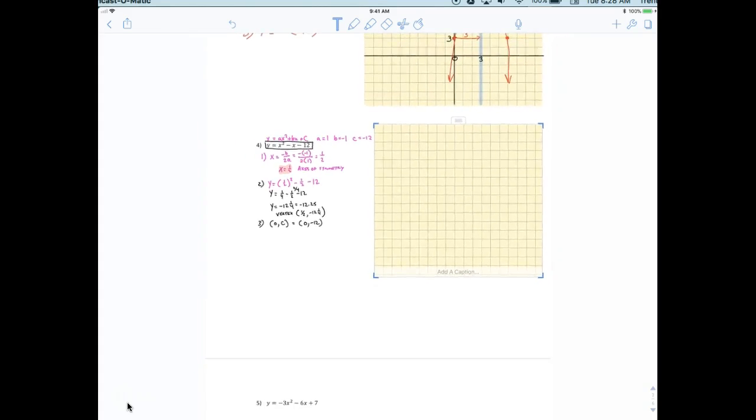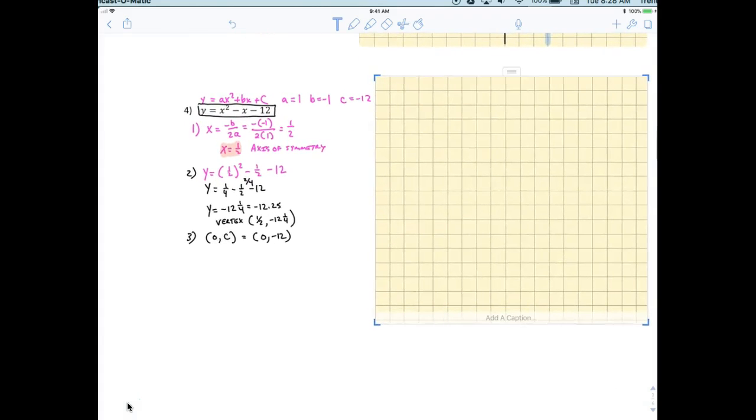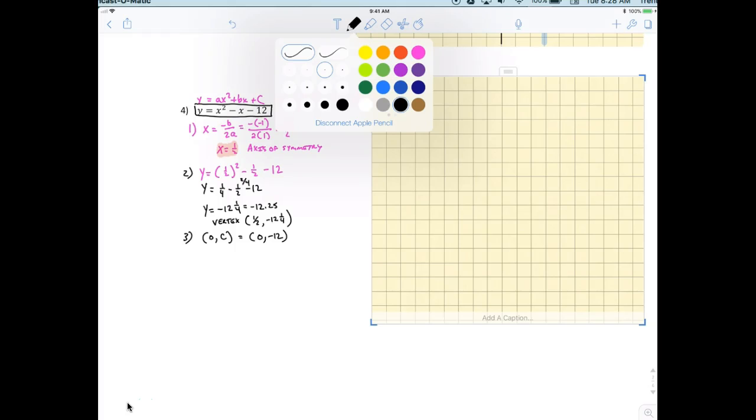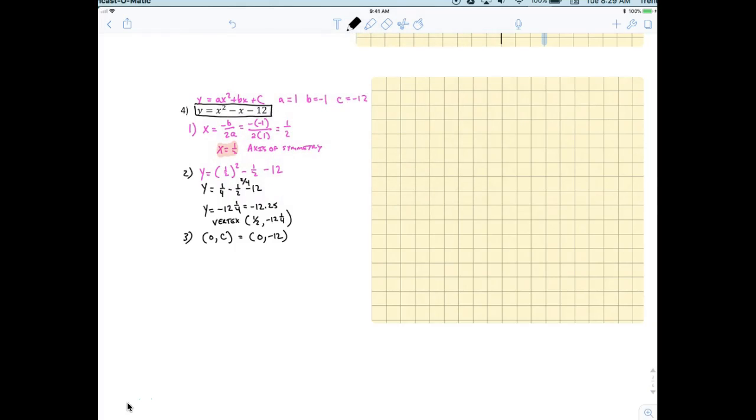Now, when you're looking here, the vertex is at -12.25. Does everybody agree? That means you got to go down quite a bit, right? So, in my opinion, what I would hope you would do would graph something where the x-axis would be a little bit higher.